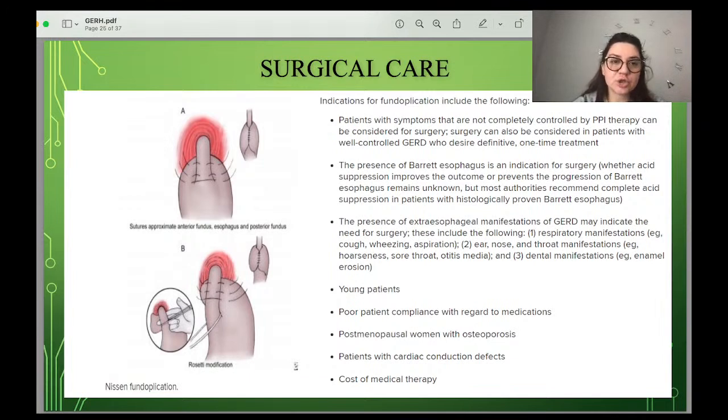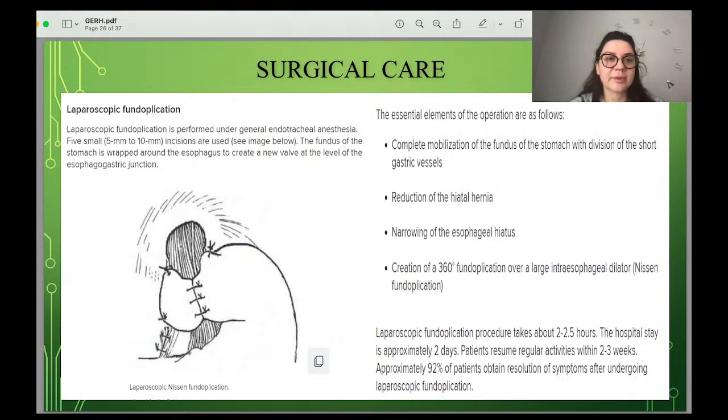Moreover, the indications for surgery can be a young age of patients, poor patient compliance with regard to medications. Hope you know what compliance is. It is also postmenopausal women with osteoporosis, patients with cardiac conduction defects, and cost of medical therapy.